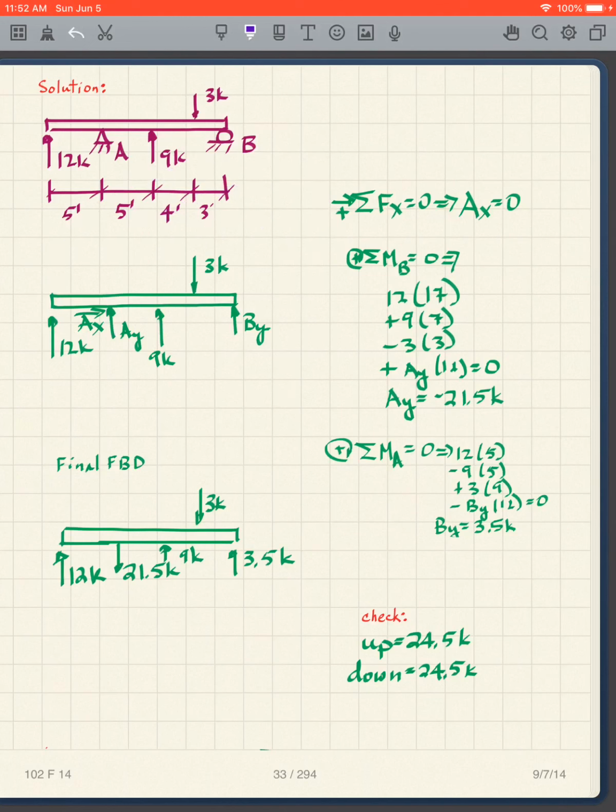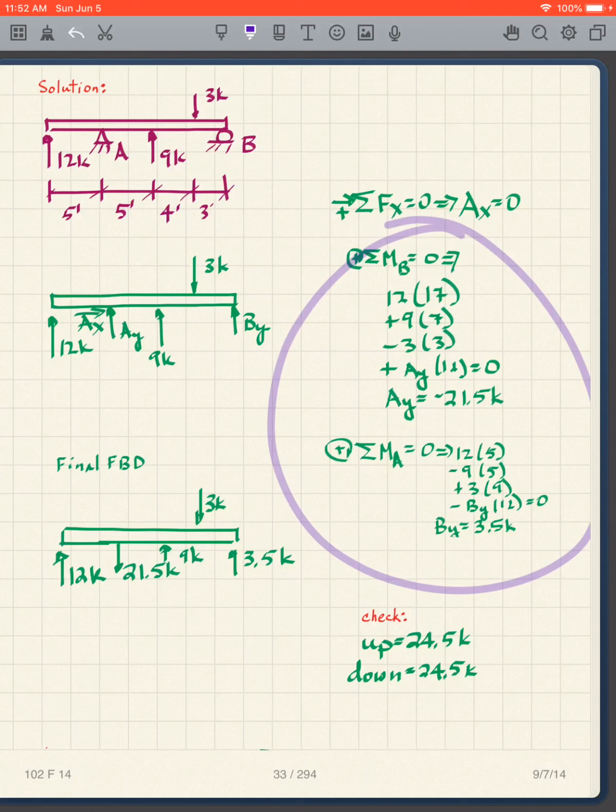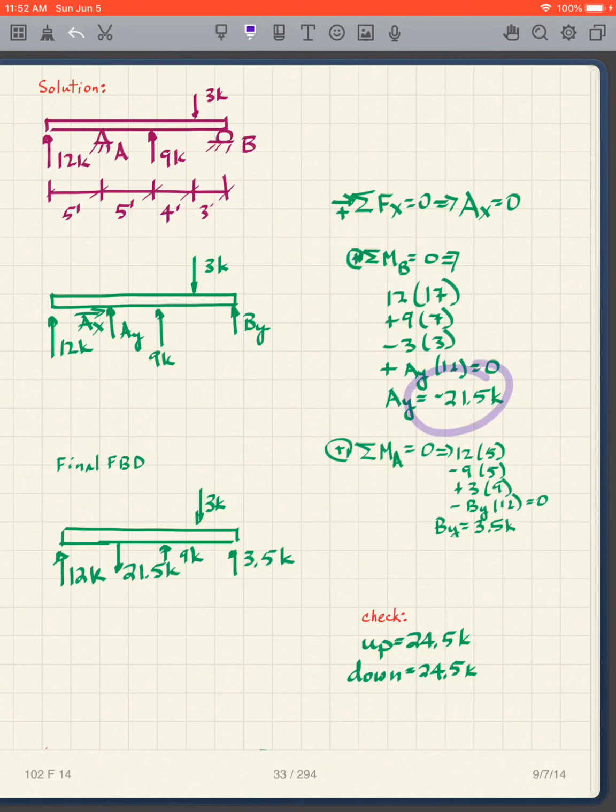Should be getting pretty good at this, so we put all these in, we get our values, that's negative 21.5, that's positive 3.5, so we flip that arrow around, make it positive number 21.5, 3.5, we don't flip anything around. We get 24.5 for the upward forces, 24.5 for the downward forces.